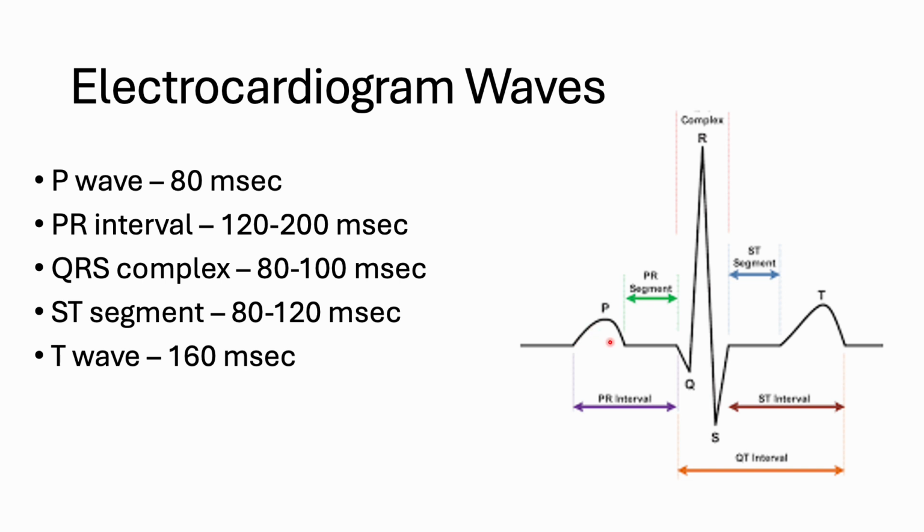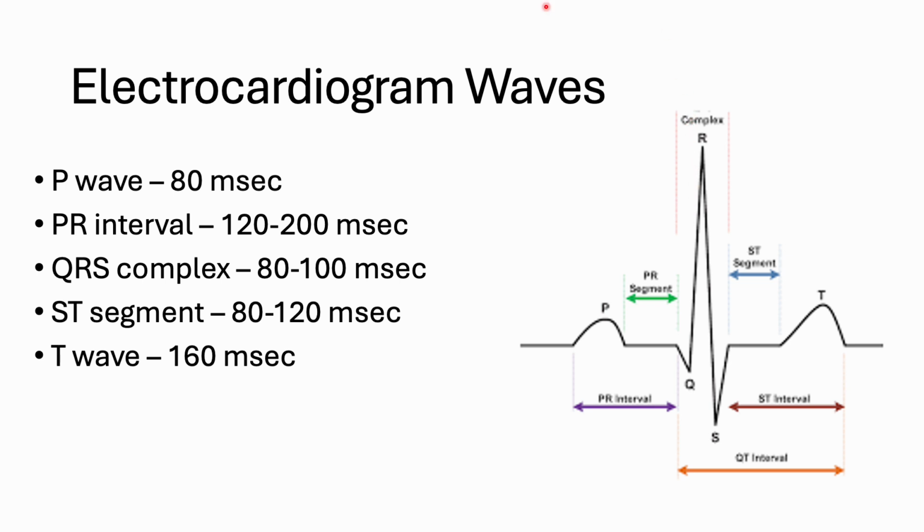It's just a little upward and downward bump. That should last approximately 80 milliseconds. After the P wave, there's a period where nothing happens, and we call this the PR segment, or the PR, yes, this is the PR segment, because it is going from the beginning of the P wave to the beginning of the R complex, the QRS complex.